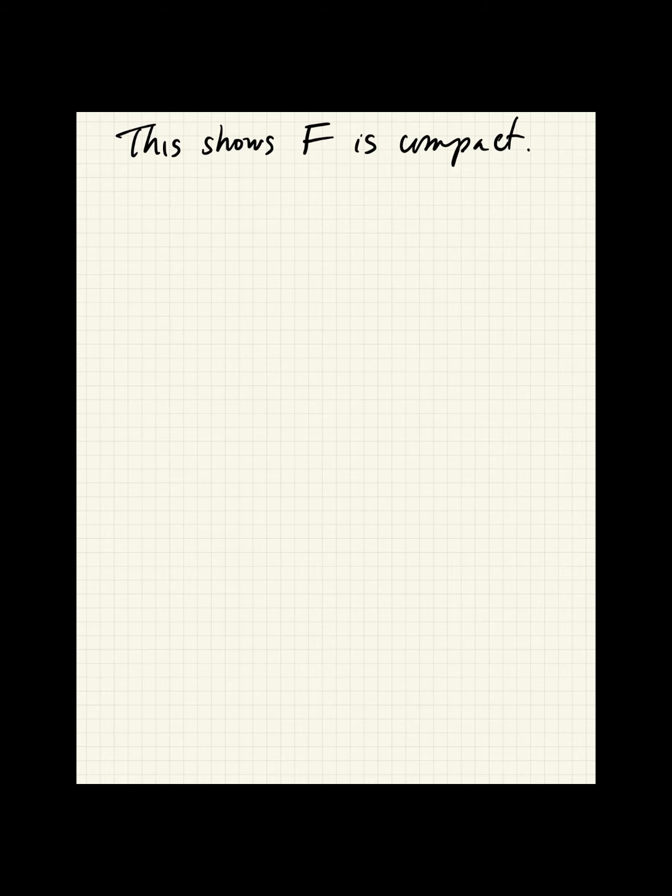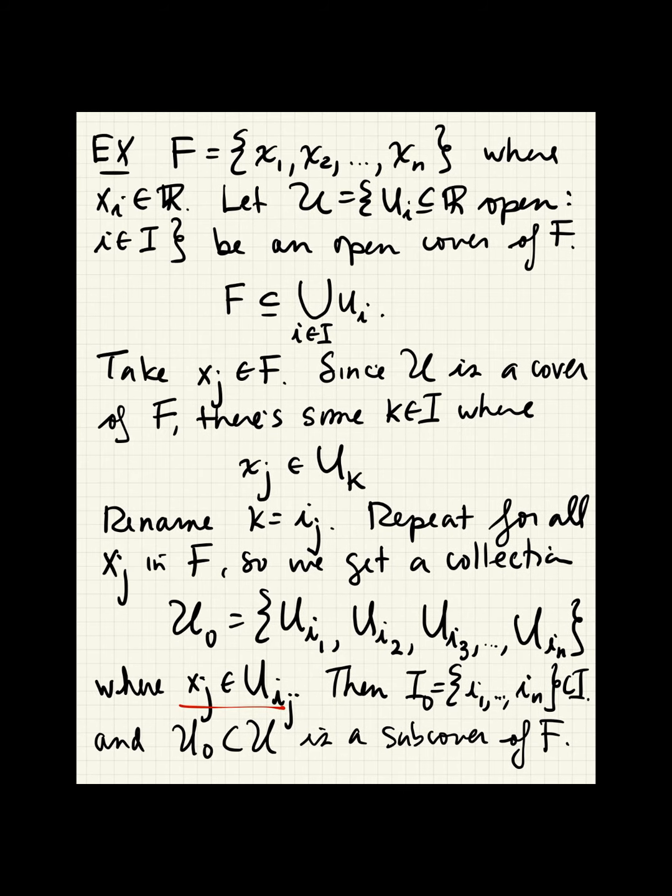Let me swipe back here for a second. I just want to point out, when we started this, we started with an open cover that was arbitrary. We specified nothing about it.